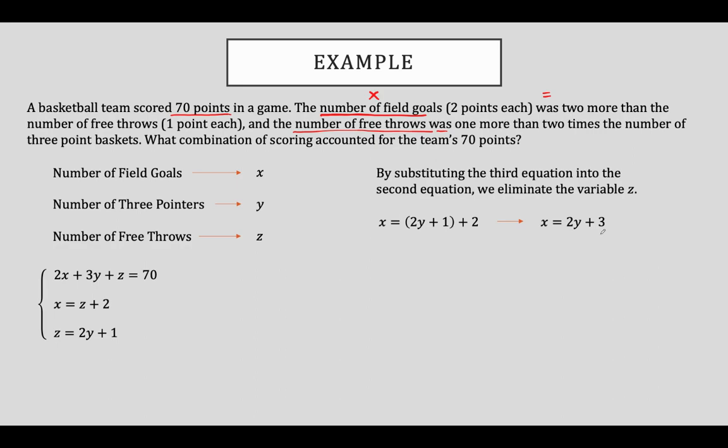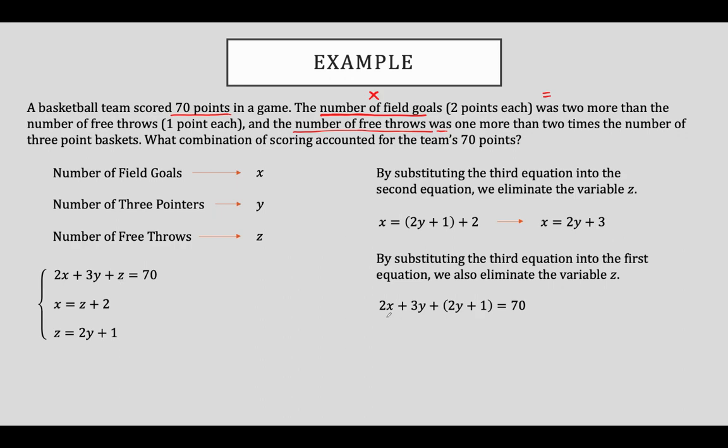Well, how can I get another equation that only has x's and y's? We can do so by substituting the third equation into the first equation. We substitute in 2y plus 1 for z. That gives me 2x plus 3y plus 2y plus 1 is equal to 70. Combining like terms, we have 2x plus 5y, and subtracting 1 from both sides gives me 2x plus 5y is equal to 69.